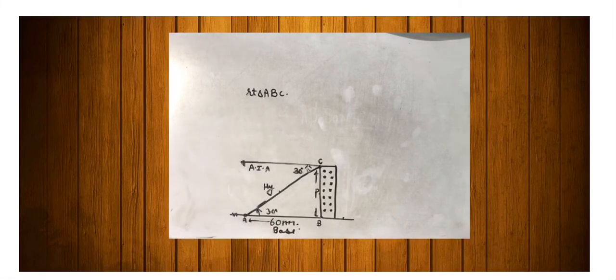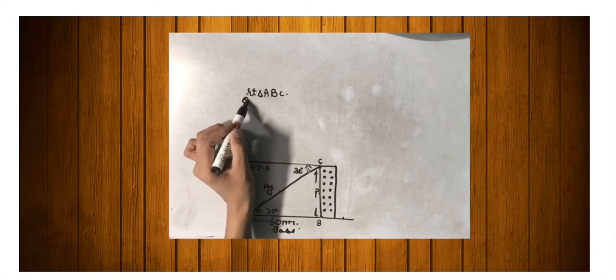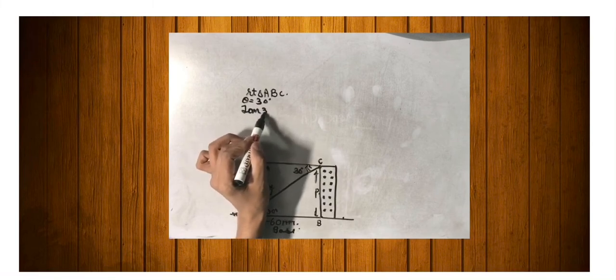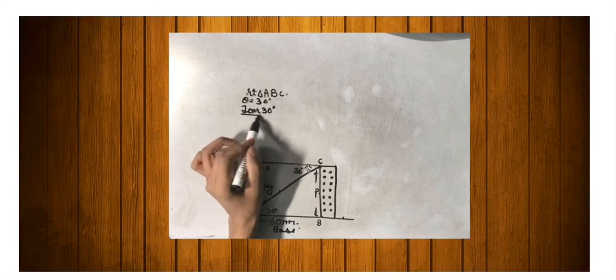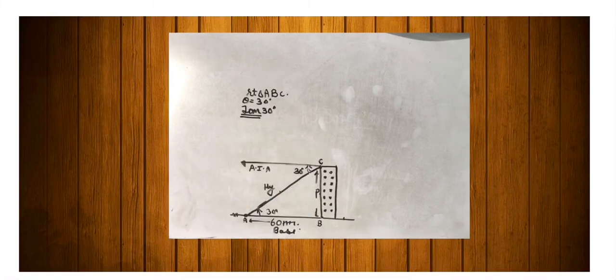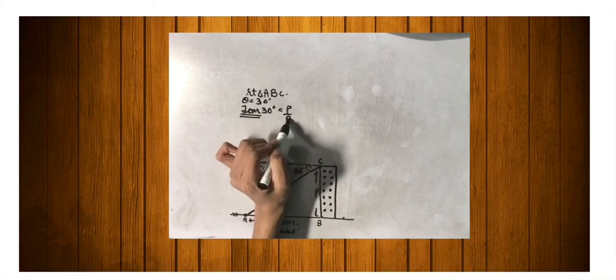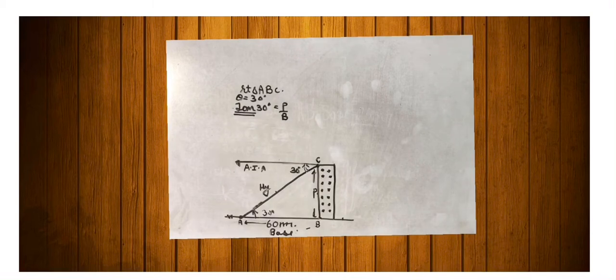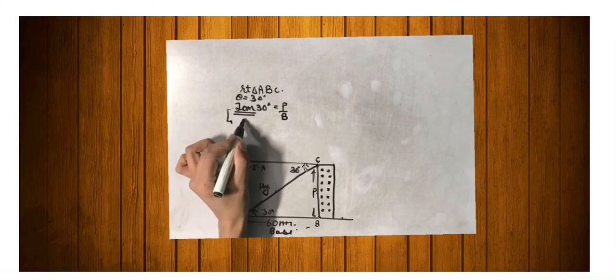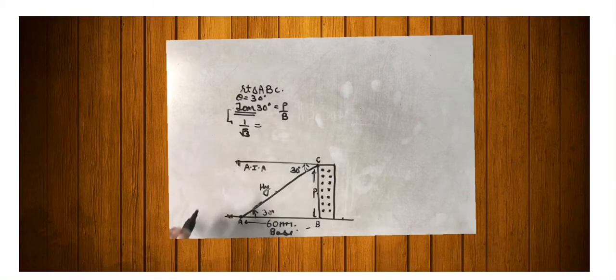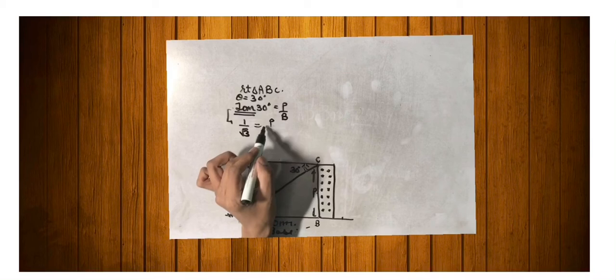In right triangle ABC, since theta is equal to 30 degrees, we use tan 30 degrees. Why we have used tan, we have discussed in the previous question also. The formula of tan theta is perpendicular upon base, equal to P by B. Now we will replace the values. The value of tan 30, which is 1 by root 3, is equal to P by B, which is P by 60.